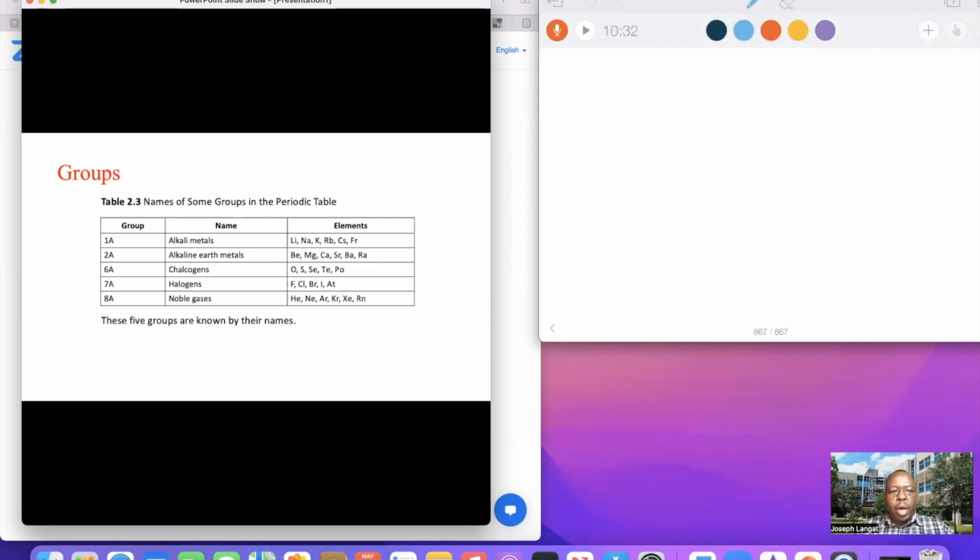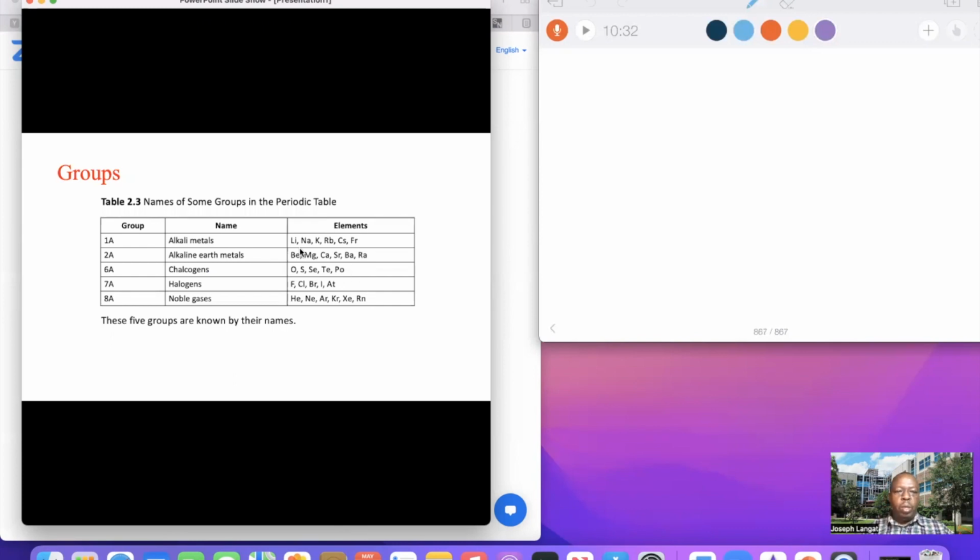There are certain groups with special names you need to learn. Group 1 we call alkali metals. Remember, when we say metals, we exclude hydrogen in group 1.